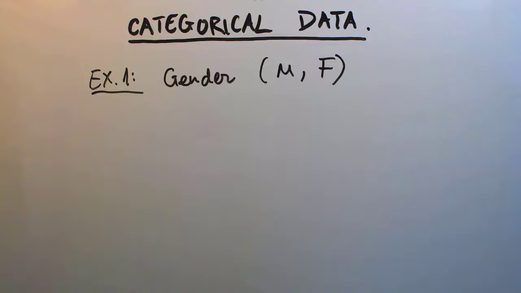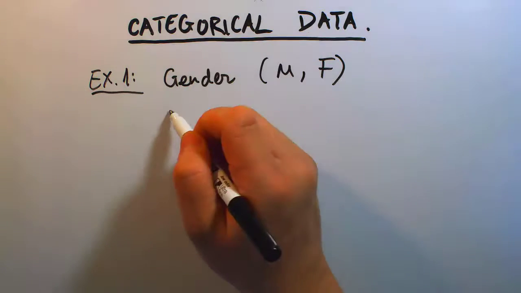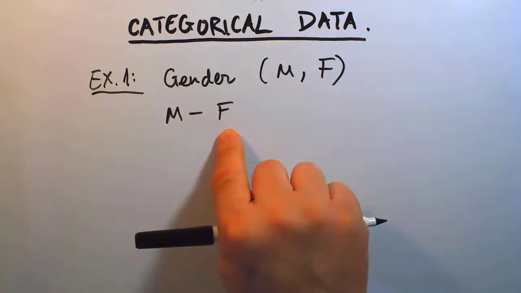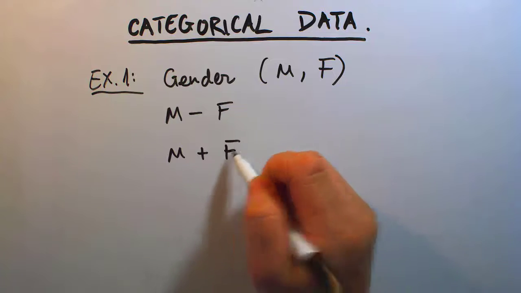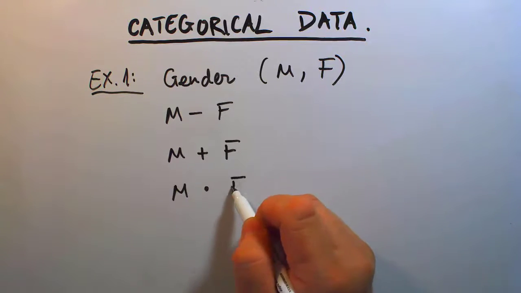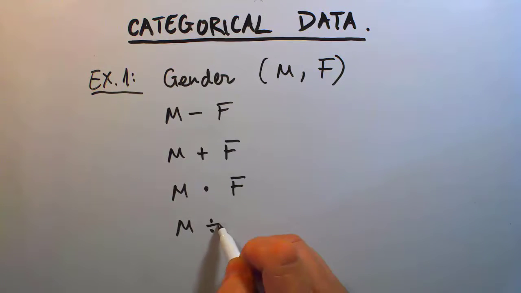Another characteristic of categorical data is that, let's say we take a value and we subtract another value in the data. We take a value and we add another value in the data. We take a value and we multiply with a different value in the data, or we take a value and divide by another value in the data.